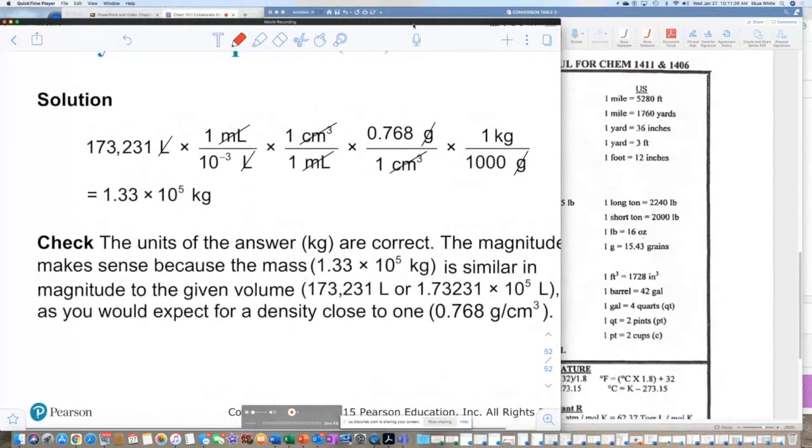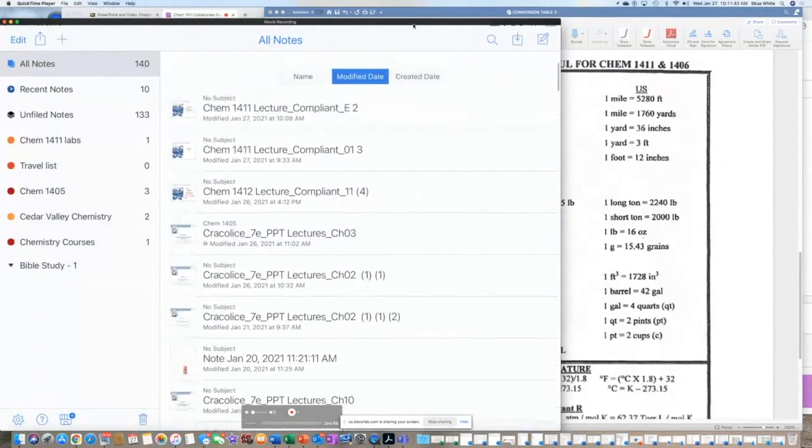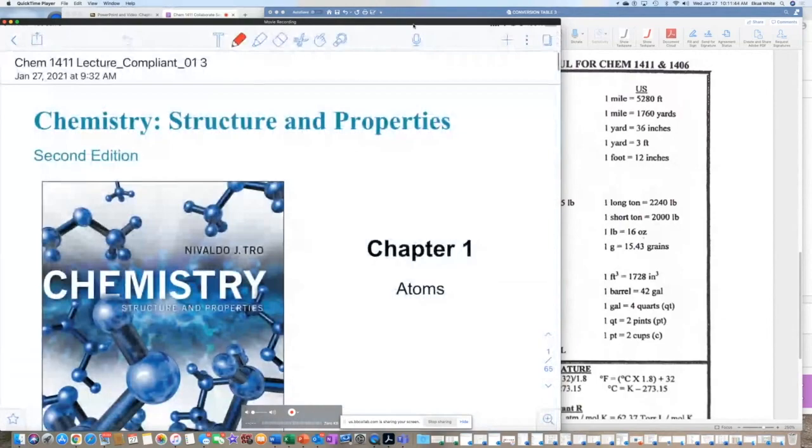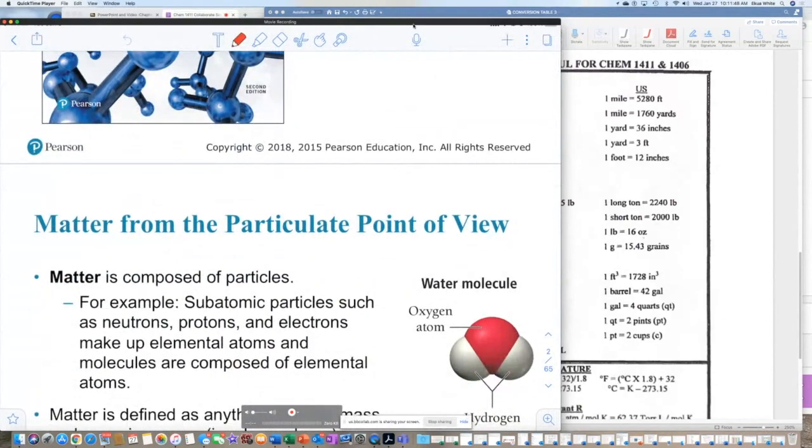Okay. So let me see. Oh, chapter one. I think I'll write a note to myself to put an extra copy of the conversion table. I have to write myself notes in the future because if I don't, I forget.